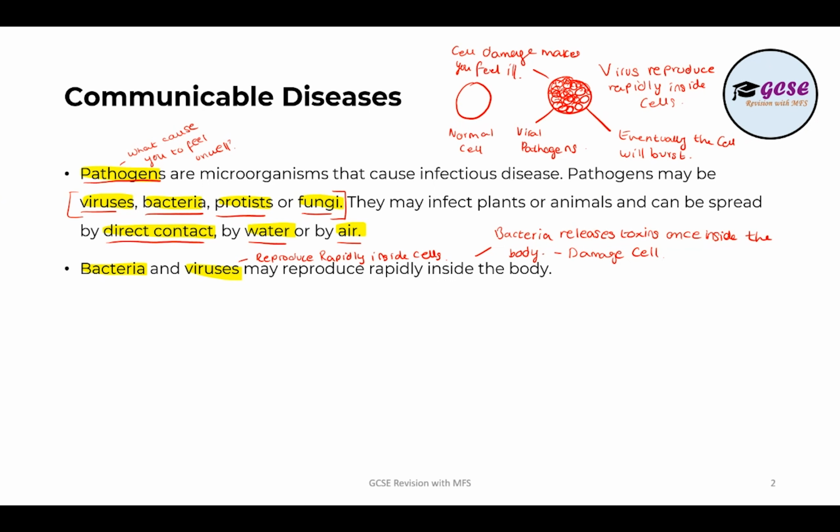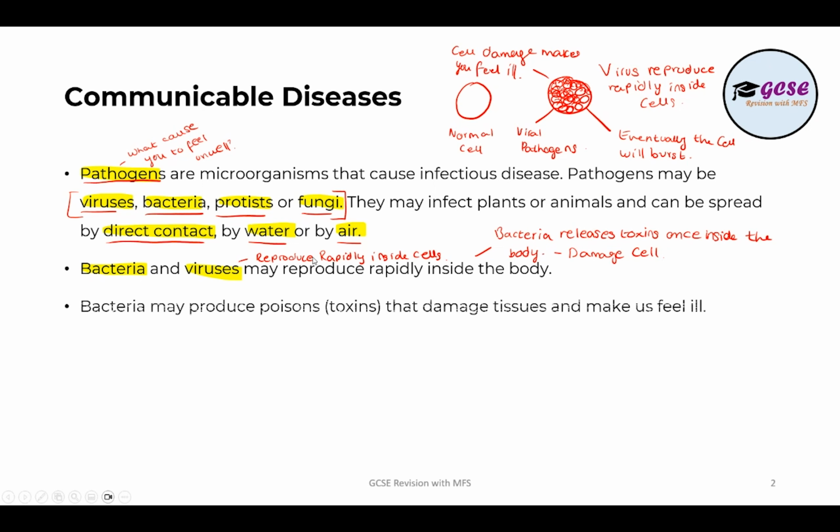And bacteria, on the other hand, release toxins once inside the body, and they damage cells by producing these toxins. I've reiterated that point over here. Bacteria may produce poisons, toxins, that damage tissues and make us feel ill.